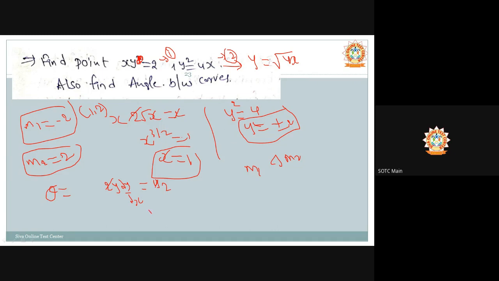So okay, then your m2 will become 1. Yes. Tell me what tan theta will come. Tan theta is equal to, theta is equal to. Tan inverse of 3, sir. Very good. Tan inverse of 3 is the correct answer. Have you all got it? Yes, sir.